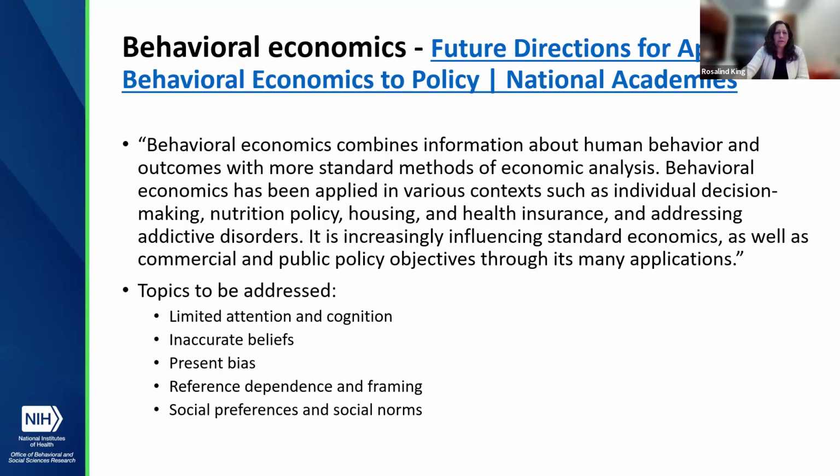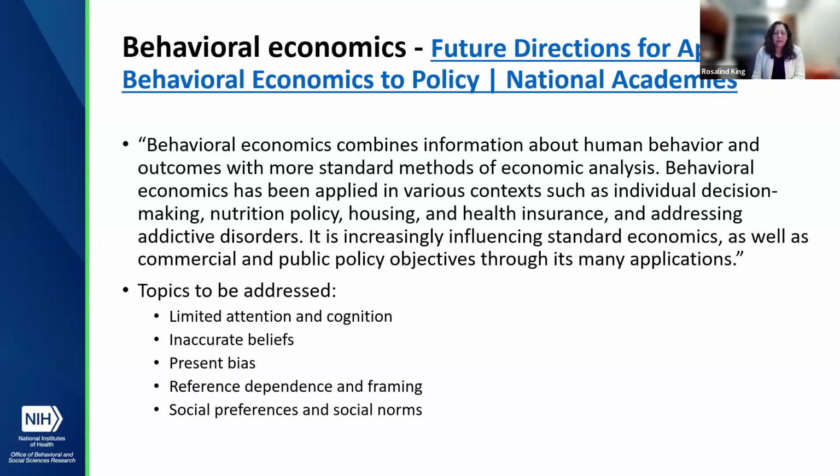So some of the concepts that are addressed in this report, and there's a report and there are more ongoing efforts, including additional webinars. So first is limited attention, which considers information constraints that individuals face that may make their choices look less than rational to those who don't understand their cognitive framework.